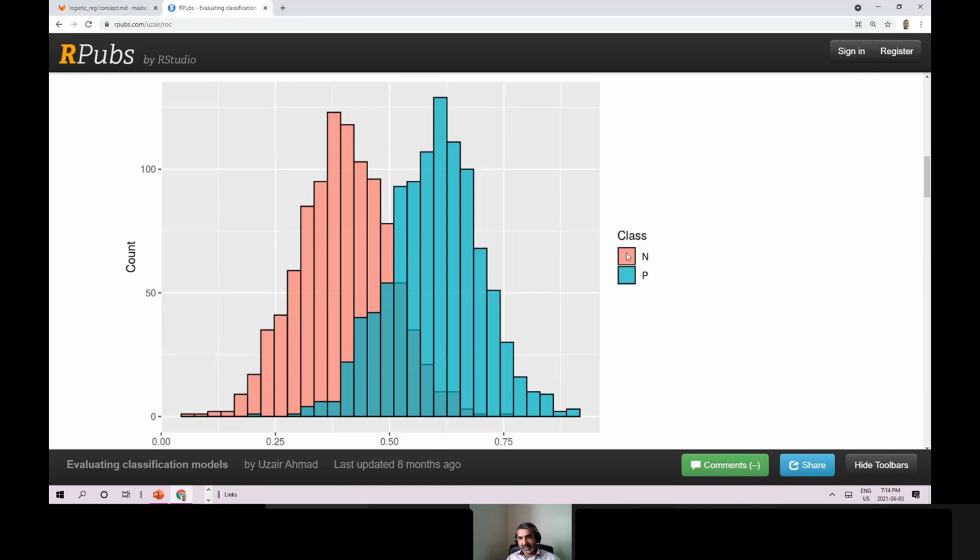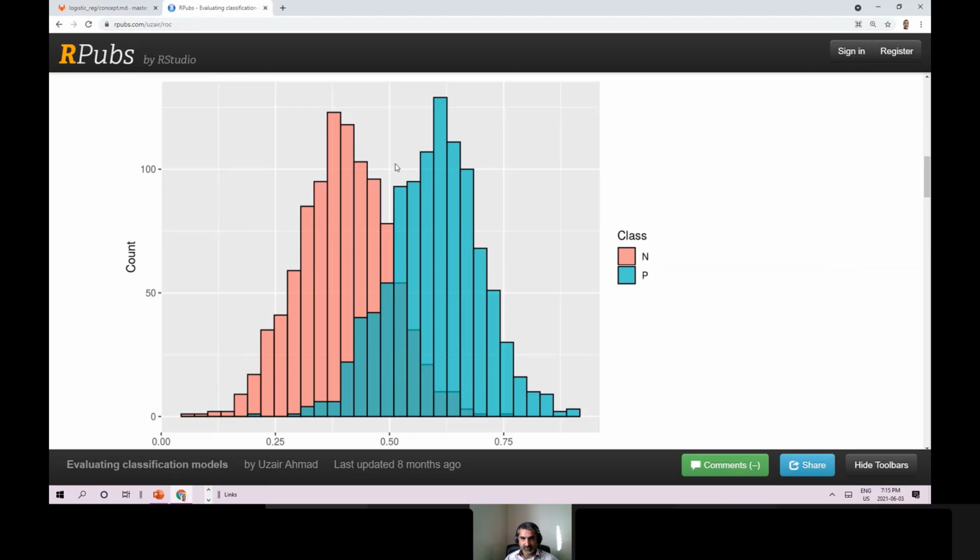So for the negative class, if we bin the probabilities, the distribution looks like this. For the positive class, the distribution looks like this. All right, we are happy with it. Let's say this is the best possible solution, logistic regression or whatever solution. But since we have probabilities on the x-axis, depending on the probability, we say the person is in the positive class or in the negative class. But we have to decide on the threshold somewhere.